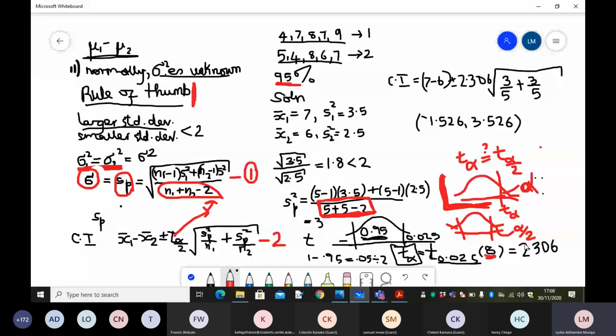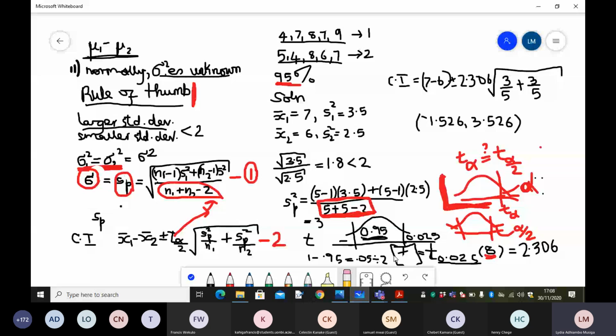Okay, I think I can explain this. Maybe because I wrote T alpha here, people are getting confused because of that.